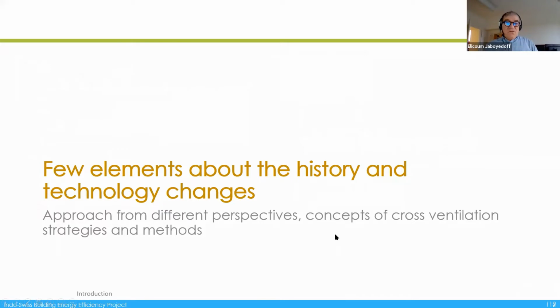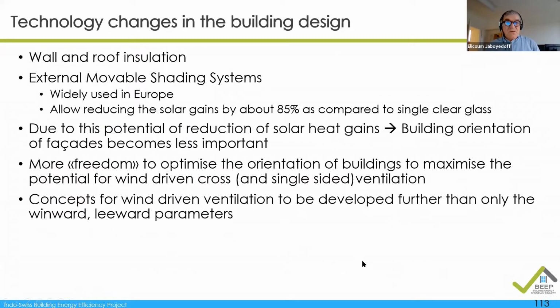So a few things about the history and technology change, and what has changed in this approach to cross ventilation strategies, in terms of architecture or general concerns. Things which are changing rapidly now is the adoption of insulation in buildings in India, which was not the case before, which means that the heat ingress through the walls and roof is reducing.